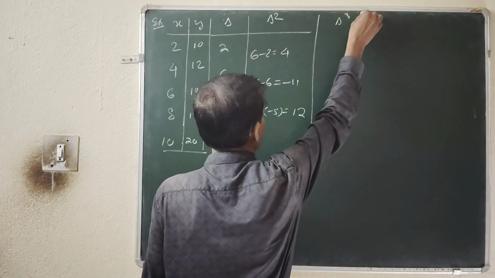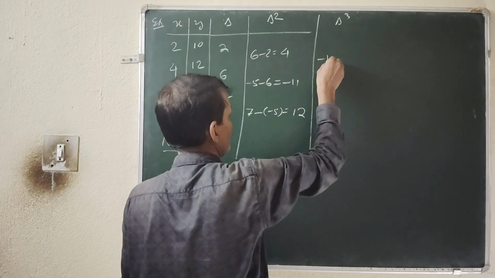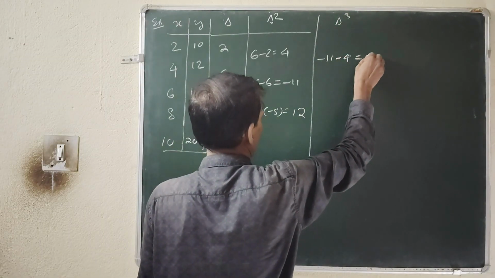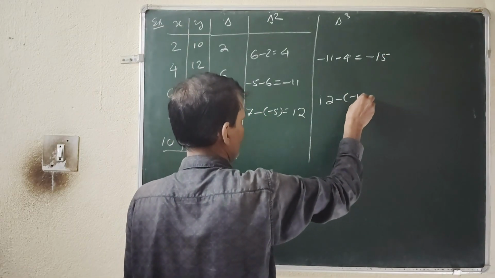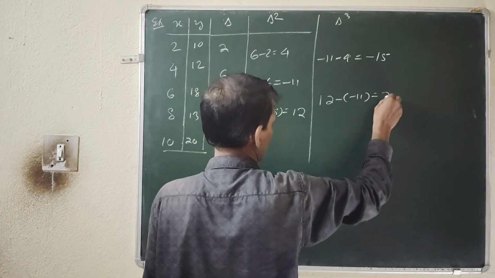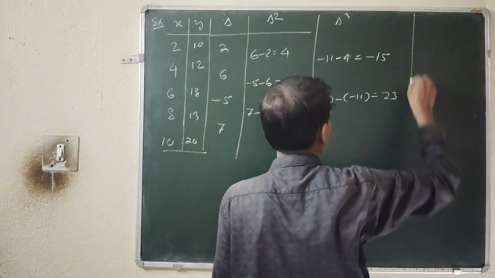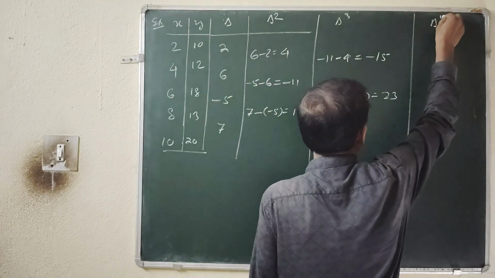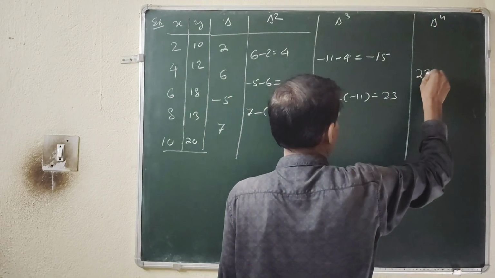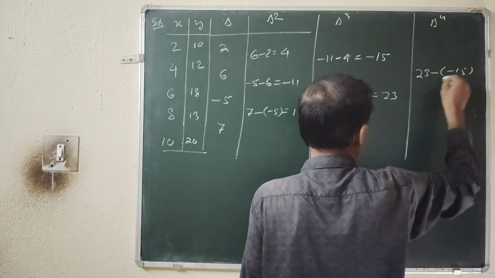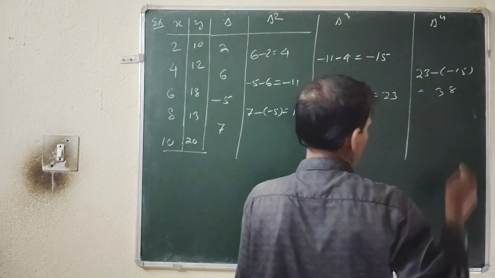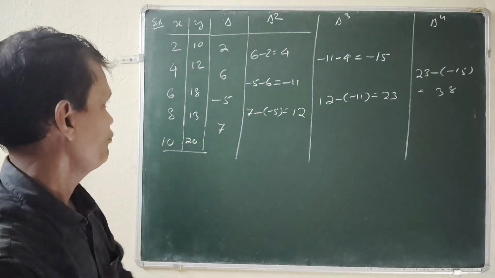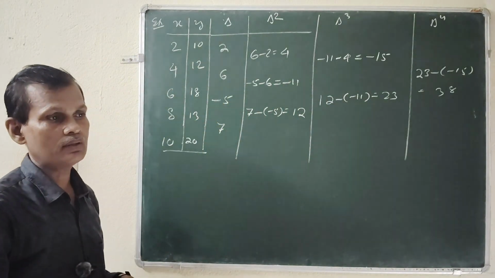Then go to the third order: minus 11 minus 4 is minus 15, and 12 minus of minus 11 is 23. Then the next order, delta 4: 23 minus of minus 15 is 38. In this way we form the forward difference table.